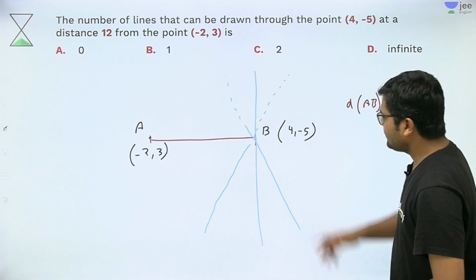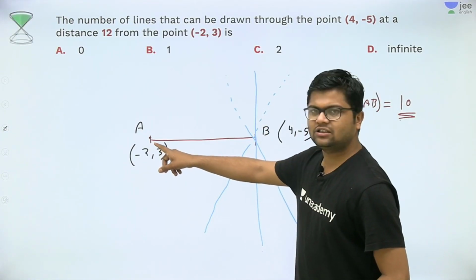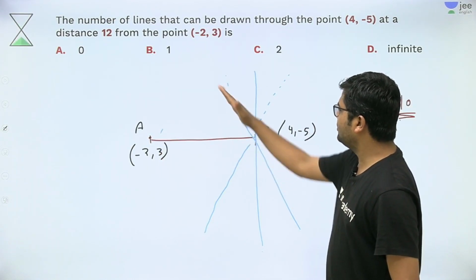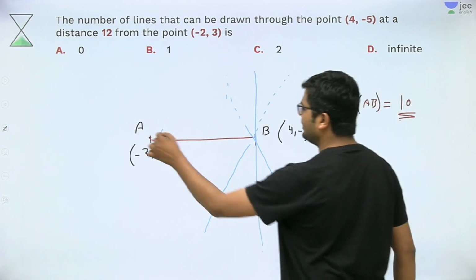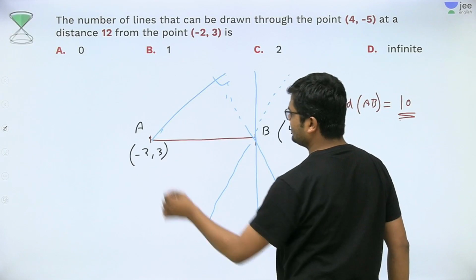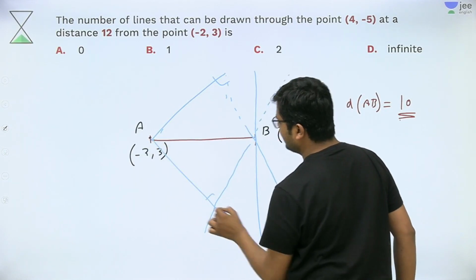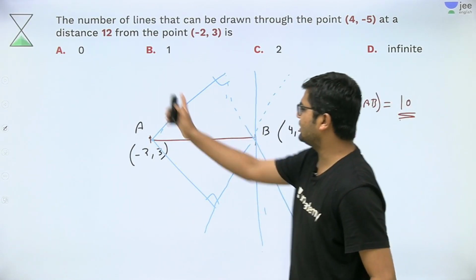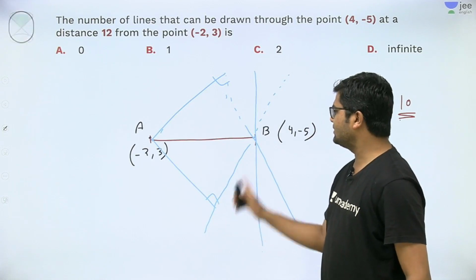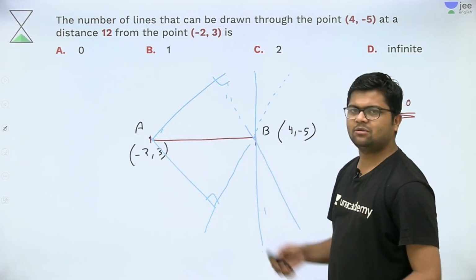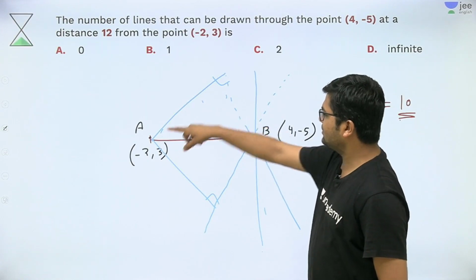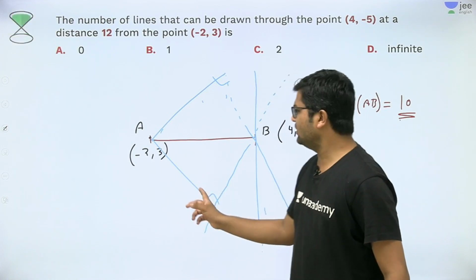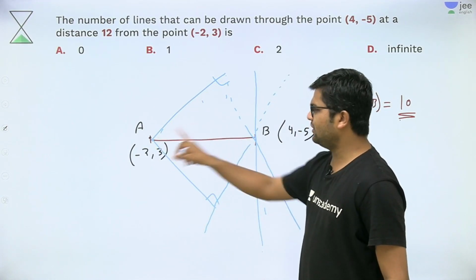Now, if someone asks you the distance of point A from these blue lines that I have drawn, from this line the distance will be this, and from this line the distance will be this, and from this vertical line the distance will be AB. Out of all these distances, the distance AB will be maximum, because in all these triangles AB will be the hypotenuse.